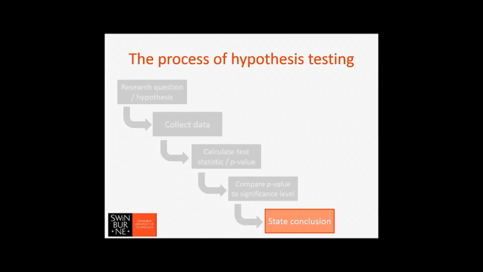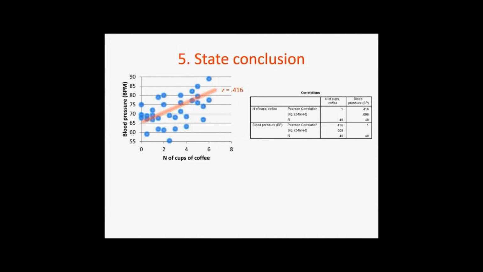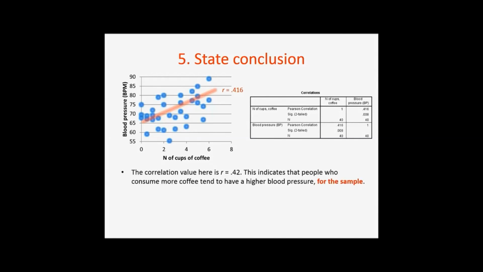The final step, of course, is to make our conclusion. We have found a significant relationship between our two variables, number of cups of coffee and blood pressure. But does this mean that there is a relationship within the population? Here's our output with the test statistic and p-value once again. The correlation value here is 0.42. This indicates that people who consume more coffee tend to have a higher blood pressure for our sample.